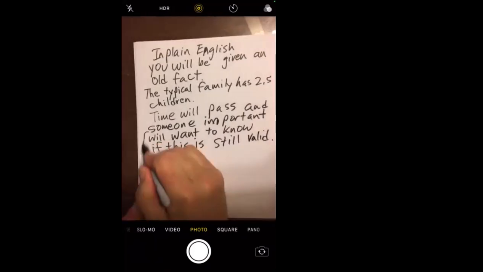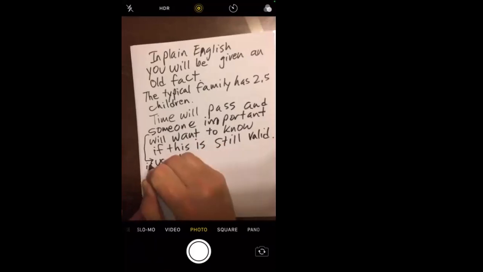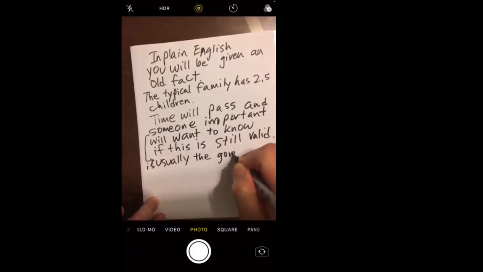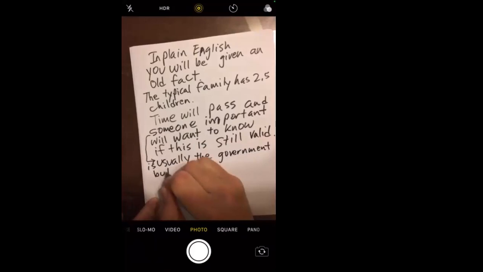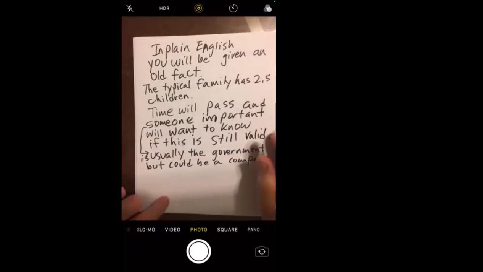That someone important is usually the government, but could be a company. Some company may want to check things out.